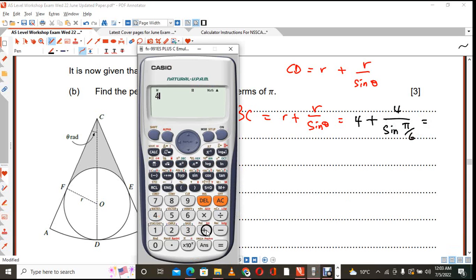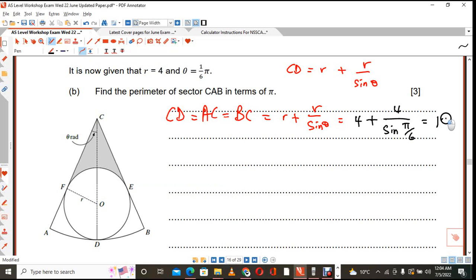One more thing: your calculator has to be in radian mode because the angle is in radians. So 4 plus 4 over sine pi over 6 gives you 12. So that distance is 12.